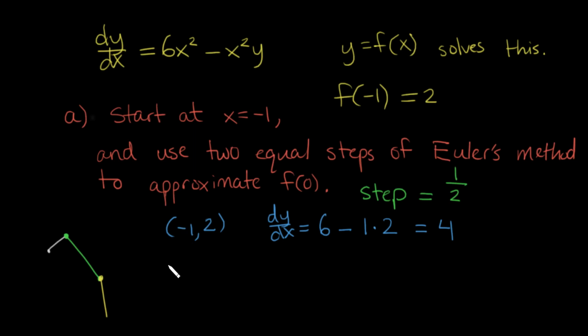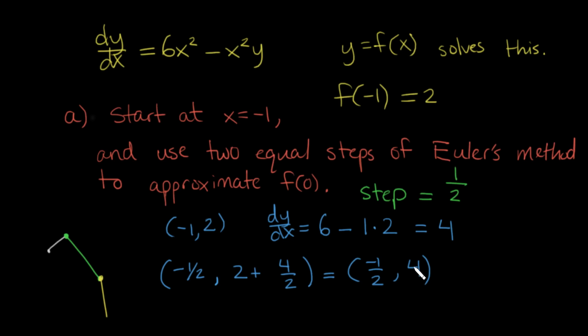So our next point is at x equals negative 1/2. And what is the y position? Well, it's 2 where we started, plus 1/2 times the slope, because we're following half of it. So 4 divided by 2 is 2, and 2 plus 2 is 4. So now we have this first step out of the way.